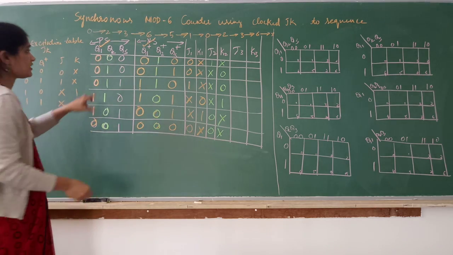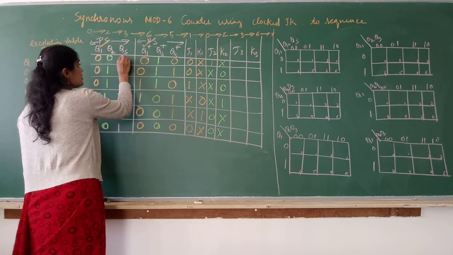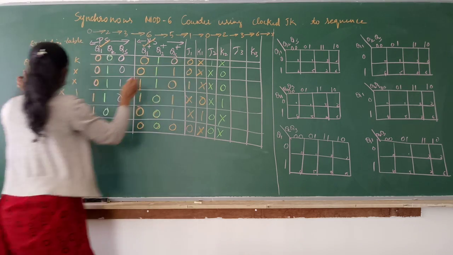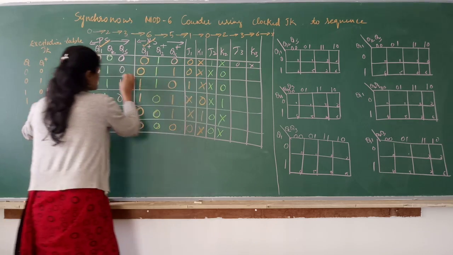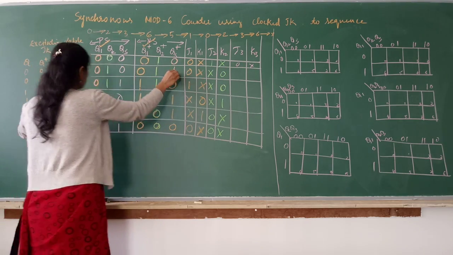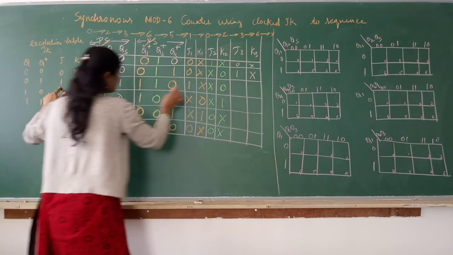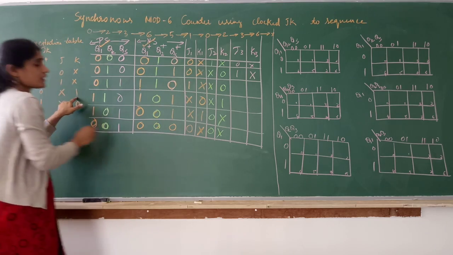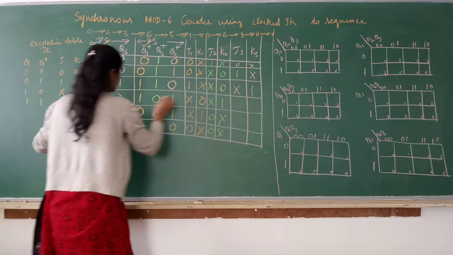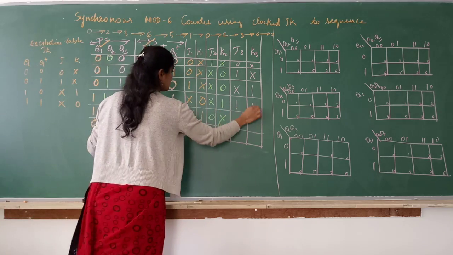Now J3, K3. Look at only Q3, Q3 plus. So 0, 0. 0x. Next, 0, 1. 1x. Okay. Next, 1, 0. x1. Next, 0, 1. 1x.